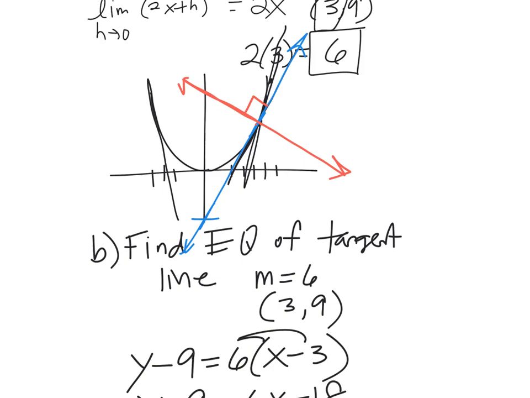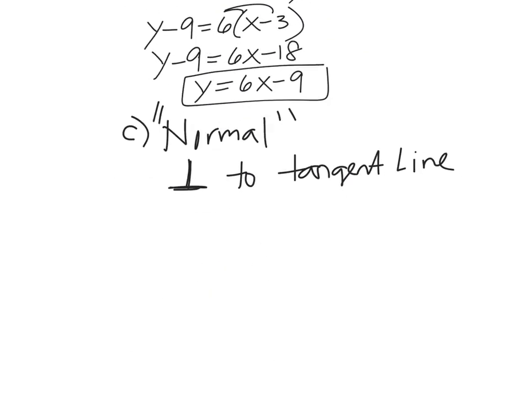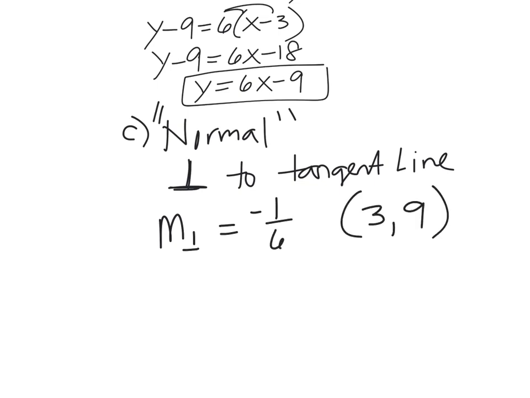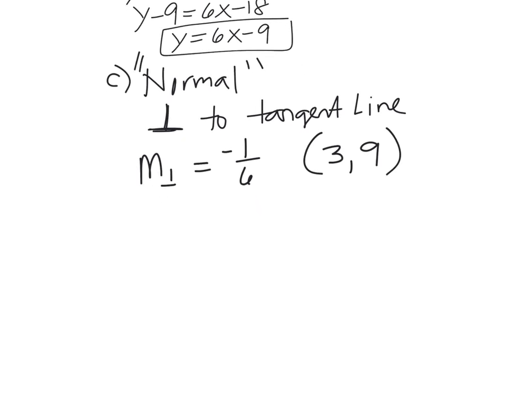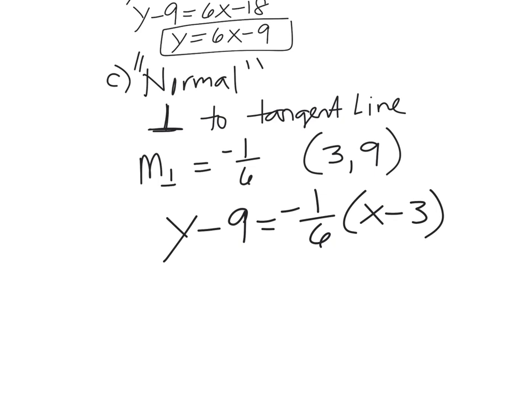Okay? So, do you remember what perpendicular lines, what their slopes are? Opposite reciprocal. Good. So then the slope of my perpendicular line will be -1/6, and the point is still (3, 9). And a lot of times I just let you leave it in point-slope form, so you don't have to distribute and do all that stuff. It's kind of a waste of time. So y minus 9 equals -1/6 times (x minus 3). Just leave it like that.